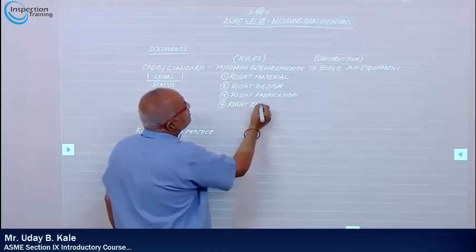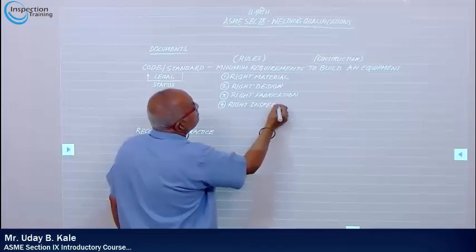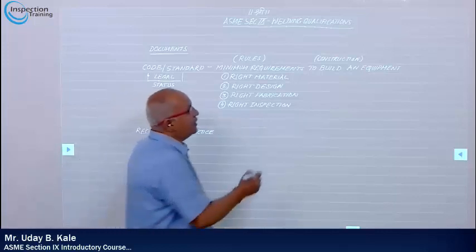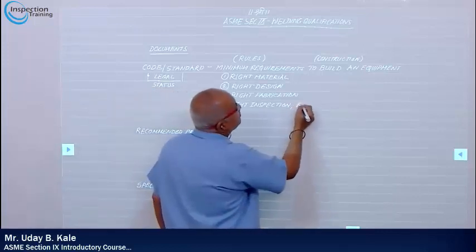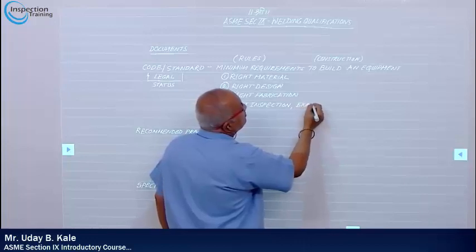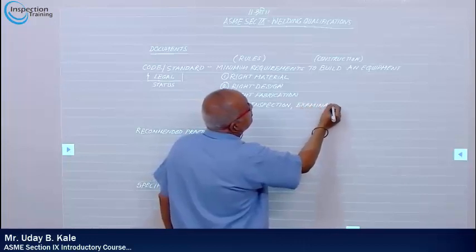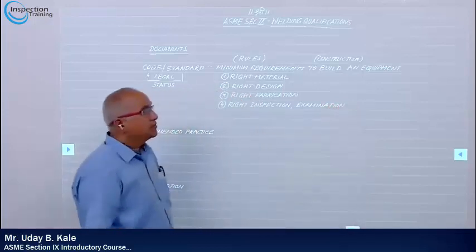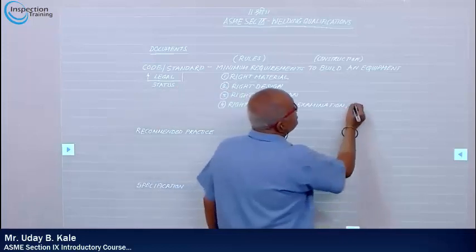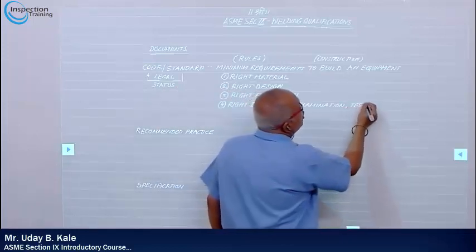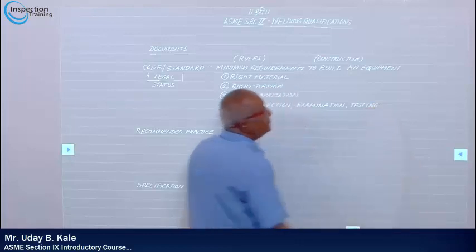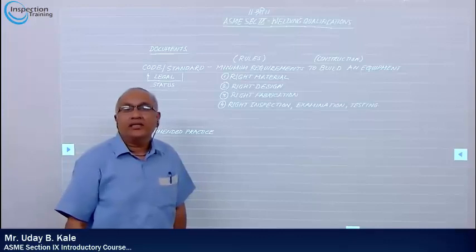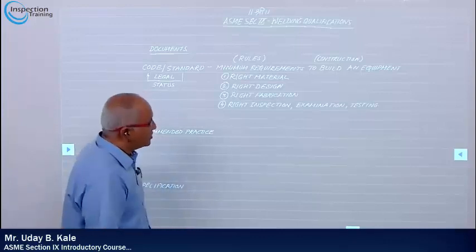Inspection, examination, and testing. Let us here understand what you mean by inspection, what you mean by examination, and what you mean by testing. So let us see this first.